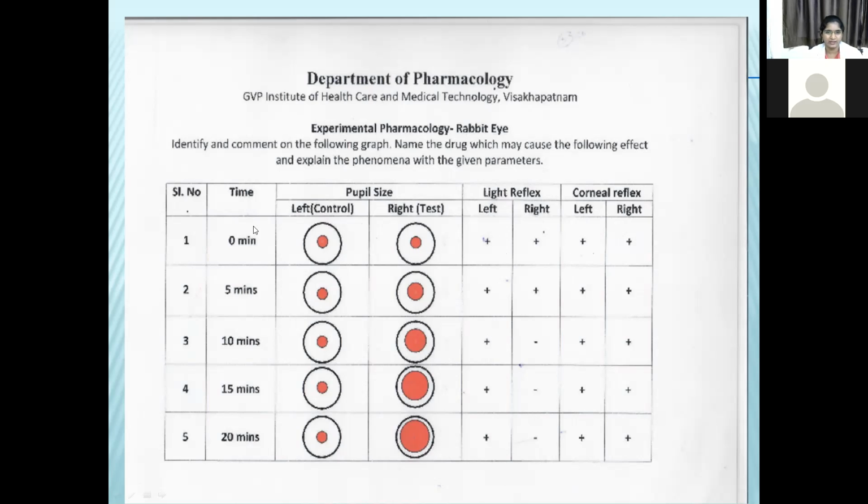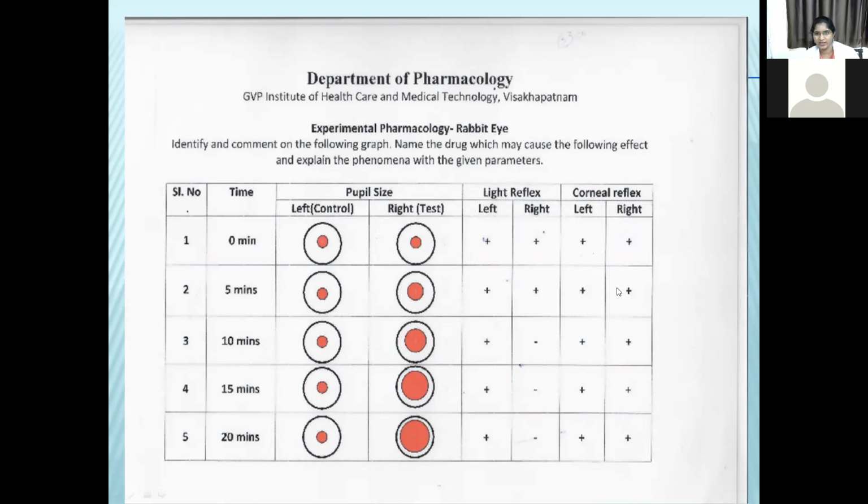At 0 minute, before the practical, we have to check all the reflexes and the pupil size of both eyes, for example 6 mm, and check that the light reflex is present. After installing the drug, we check again. In the left control eye we instill normal saline, and in the test eye we can add atropine or ephedrine.